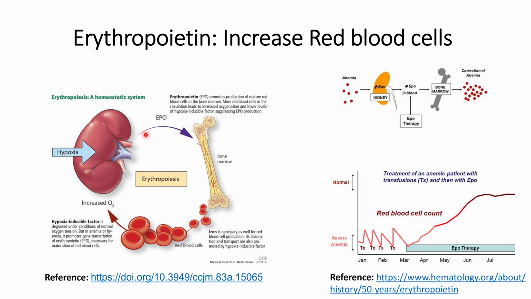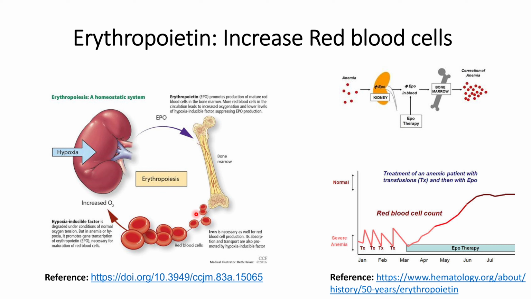So how the mechanism is designed within the body is that it will increase the production of erythropoietin. And what this erythropoietin does is that it will signal the bone marrow to increase the production of red blood cells.